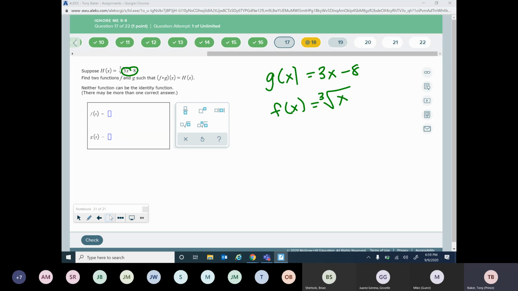So all you're going to do for this one is you're always going to take whatever's on the inside and make that g. And then the f will be the stuff on the outside. So that's the cube root. And then you're just going to put x on the inside.